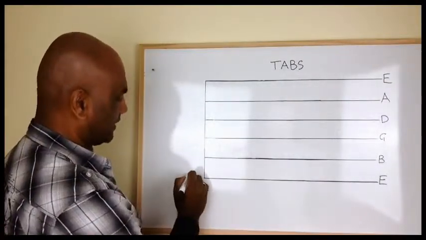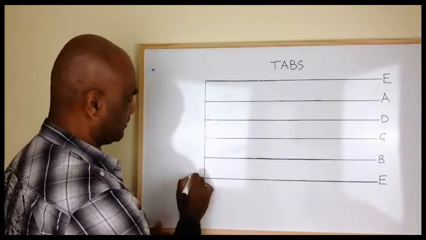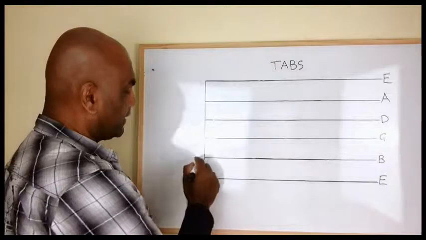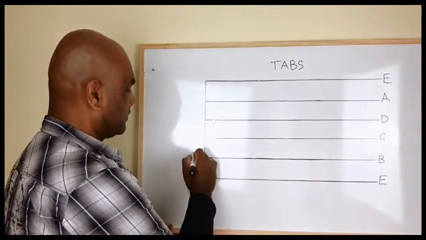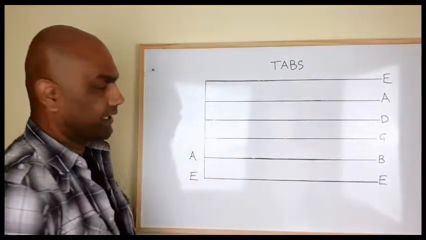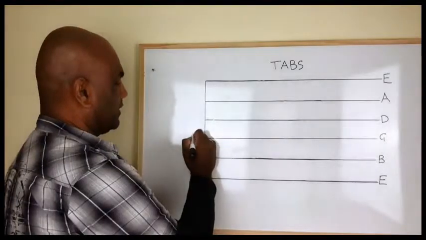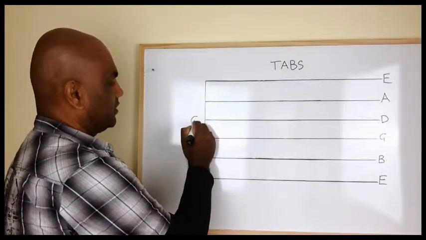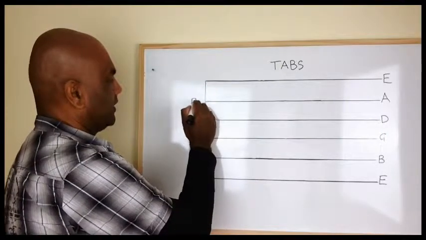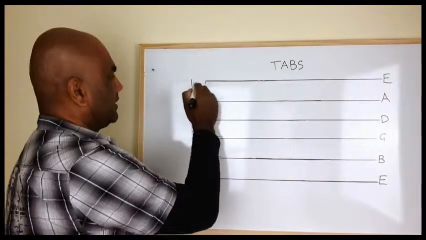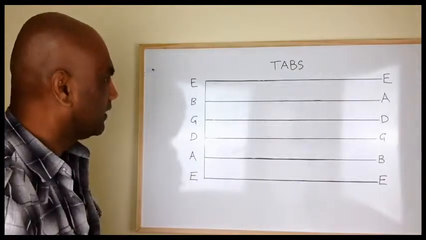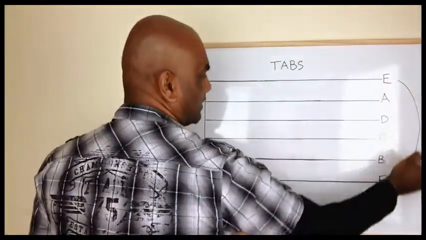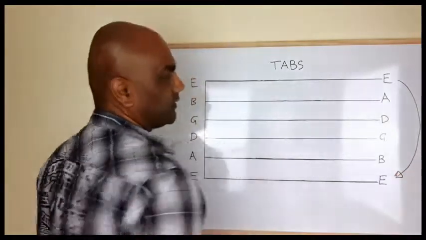Now what happens is E on tabs goes down here, and then the next one will be your A here. The next one will be your D, G, B, and E. So really the only difference is this has been turned on its head.